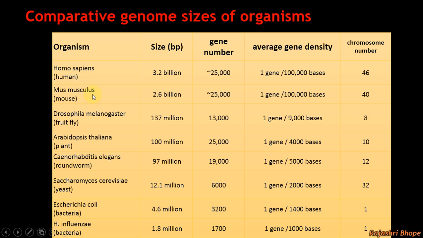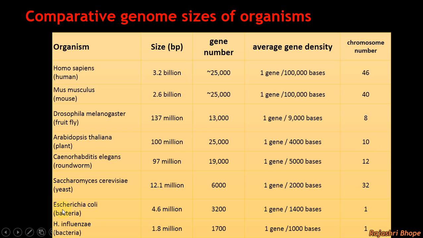Mouse, Mus musculus, number of genes are the same as in human and size is 2.6 billion. If you consider this plant, Arabidopsis thaliana, the size of the genome is 100 million, gene number is 25, chromosome number is only 10.